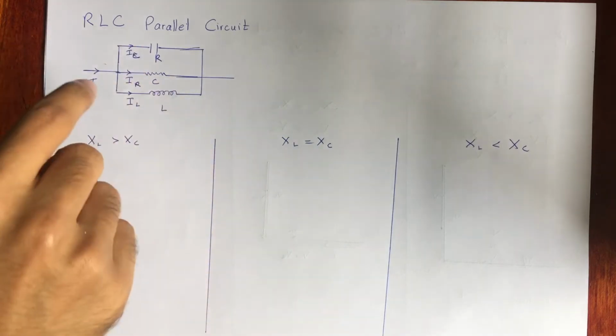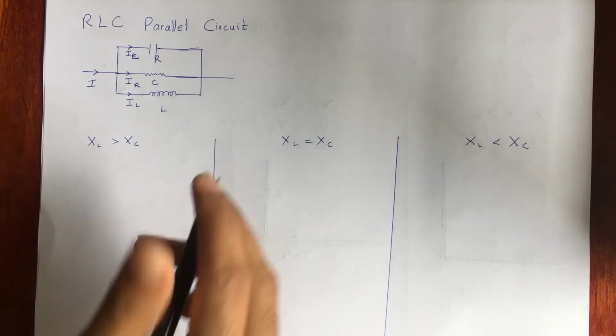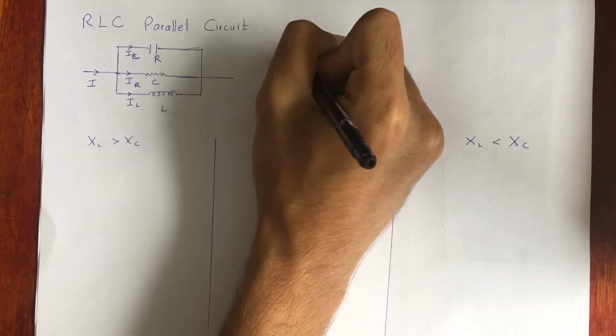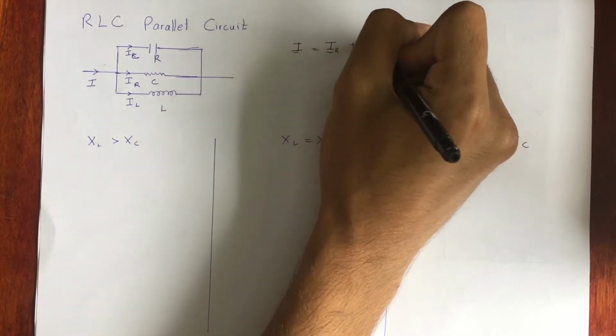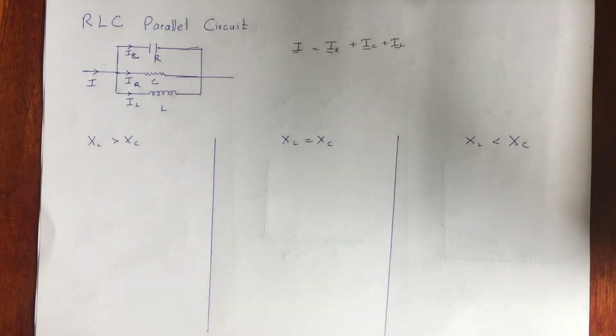If you have this type of parallel circuit, using Kirchhoff's current law you can directly tell that I would be equal to IR plus IC plus IL, which simply means the current through the inductor plus the current through the capacitor and the current through the resistor would be equal to the total equivalent current.